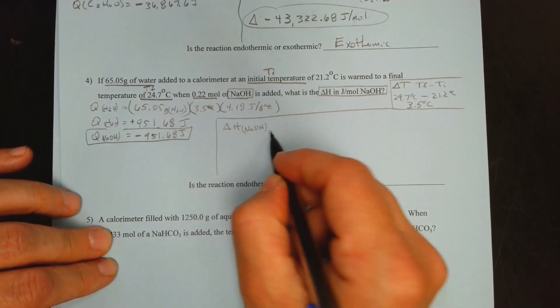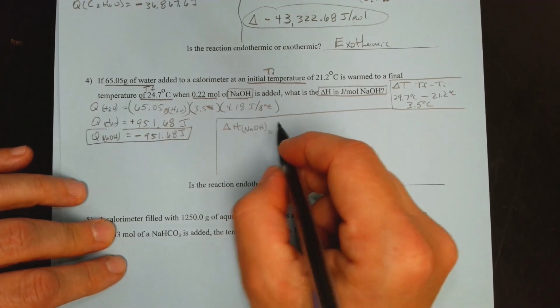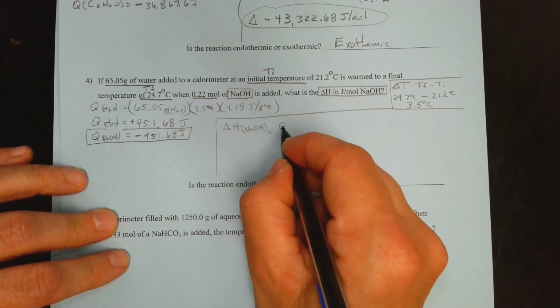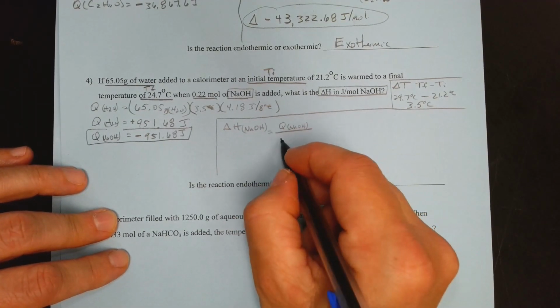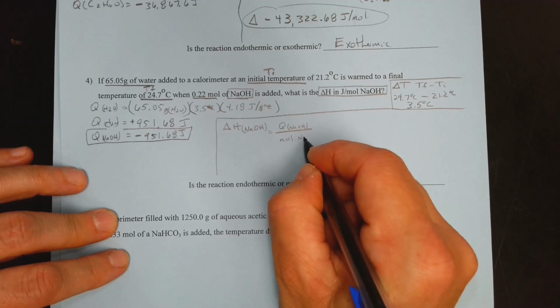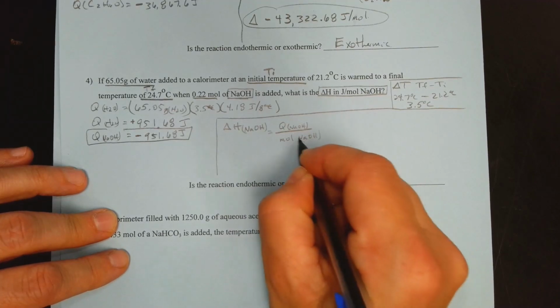To calculate that, I need to take the Q of my NaOH over the number of moles of NaOH, and I'm given that in my problem.